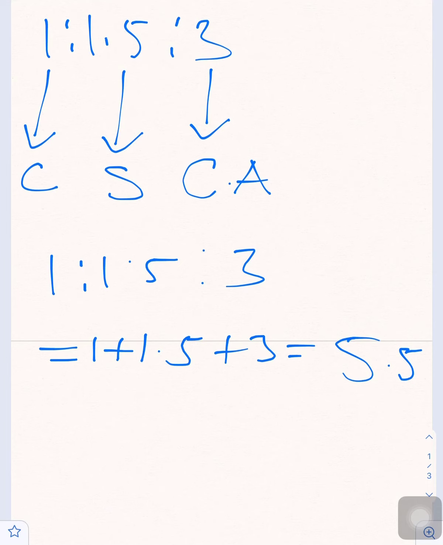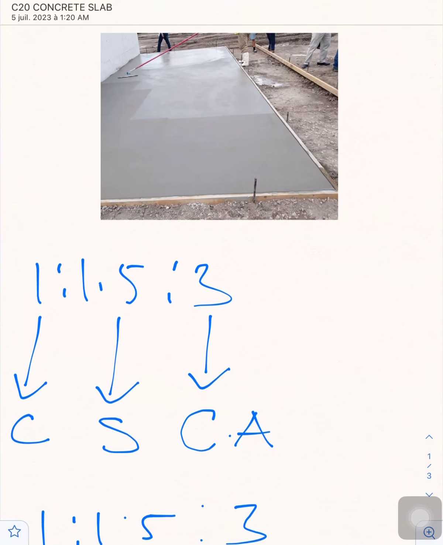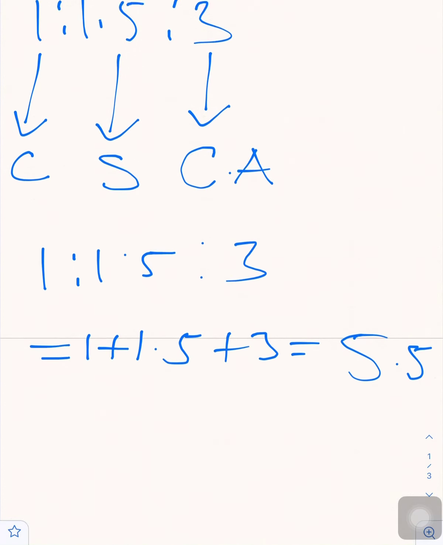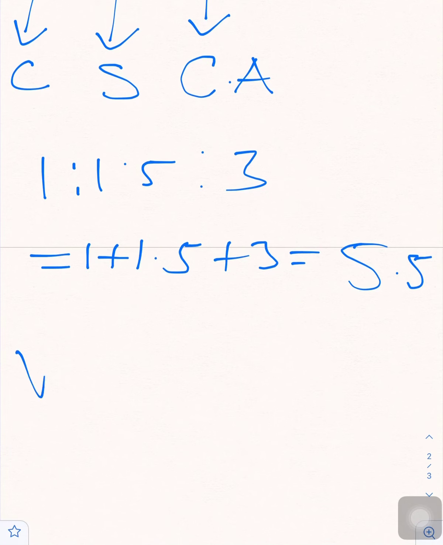So after adding the ratio, you are going to calculate two types of volumes of the concrete. When you look at the picture on your screen, this concrete is still fresh. So this is what is known as wet concrete. We're going to calculate the volume of wet concrete, which depends on the shape of whatever you are designing.